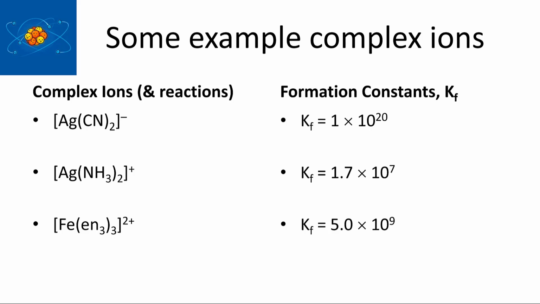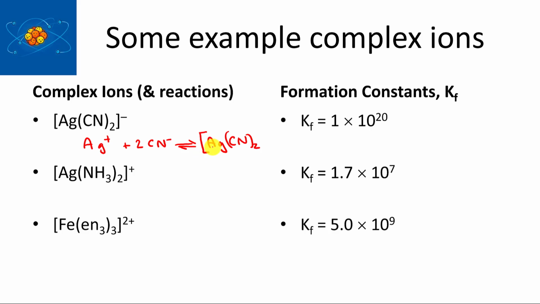Okay, so we have a formation constant. It's called a Kf, and that is for the formation of the complex ion from its ions. I guess that's the best way to put it. So you have silver ion plus 2 cyanide ions, like this, makes the complex ion Ag(CN)2.